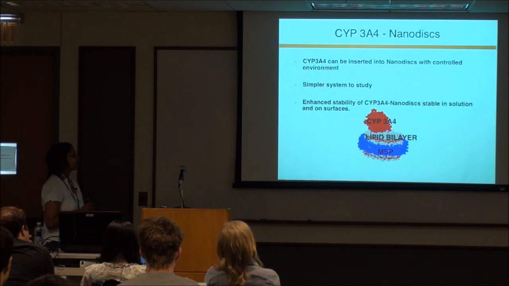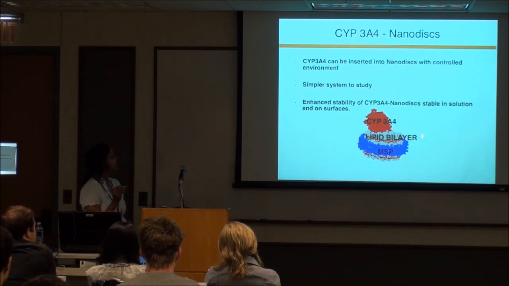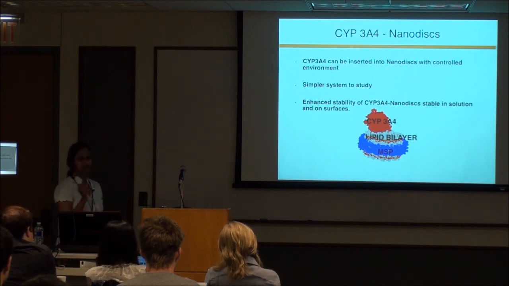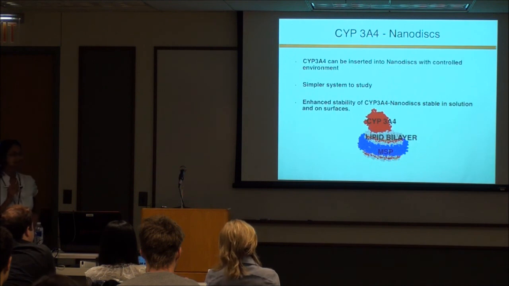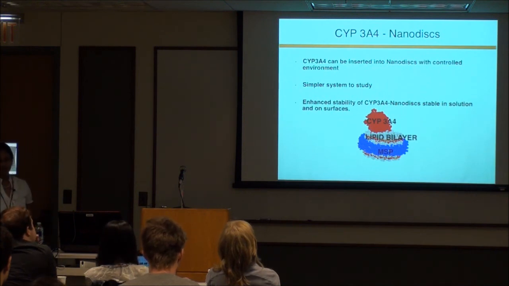So CYP3A4, that's why we put this in Nanodiscs, which I introduced before. CYP3A4 can be incorporated into a Nanodisc with a controlled environment. This is just exactly like a sushi, like this protein sits inside the lipid bilayer. There's a membrane scaffold protein. It's a simpler system to study, and there is an enhanced stability of this on surfaces and in solution.